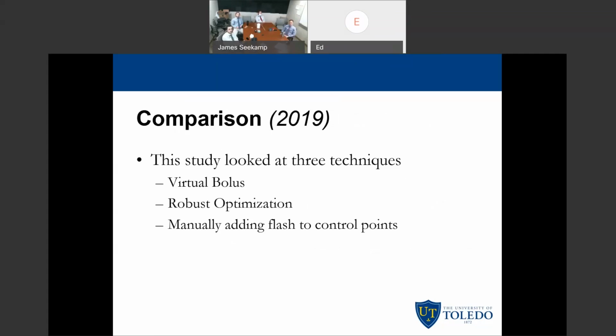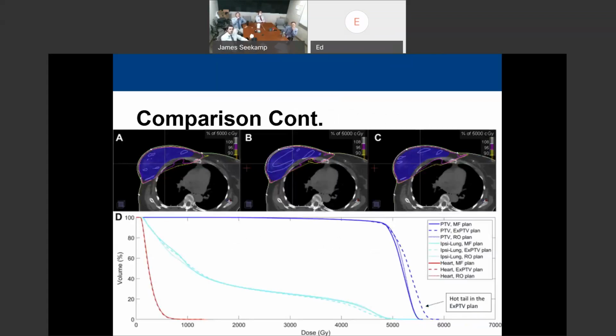So one paper I found had already done this and looked at this. They had looked at the virtual bolus technique, the robust optimization, and then manually adding flash to every single control point in their arcs. Here are some dose distributions of the 3 techniques.